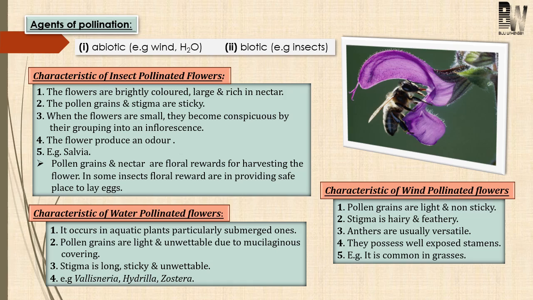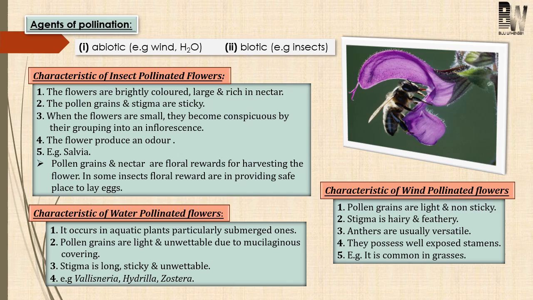Now coming to our main point, here we will study the important characters of flowers which are pollinated either by wind, water or insect, one by one. So first come to insect pollinated flowers. In case of insect pollinated flowers, the first important thing is to attract the insect. So to attract the insect, definitely the flowers are usually colorful.